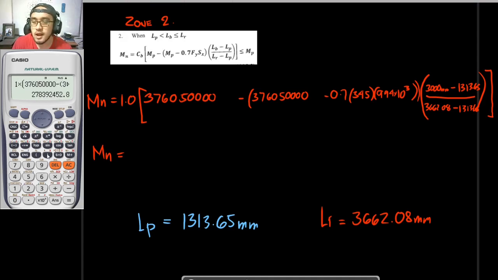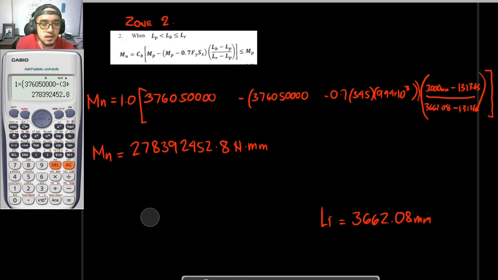Solving for our Mn, so Mn is equal to, enter, and our answer would now be equal to 278392452.8 newton millimeters. Okay, we'll just be erasing this since I don't need this anymore.